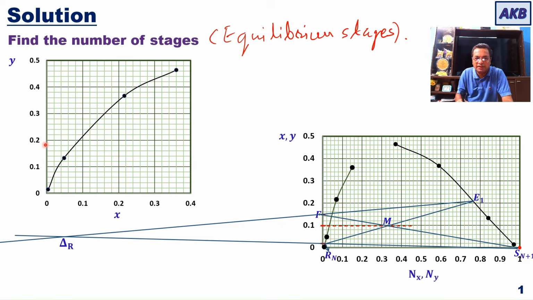I will locate that y on the y-axis, and then I will go to the equilibrium curve and get the value of x that is in equilibrium with the y that I have got from the ternary diagram. So I get this x.